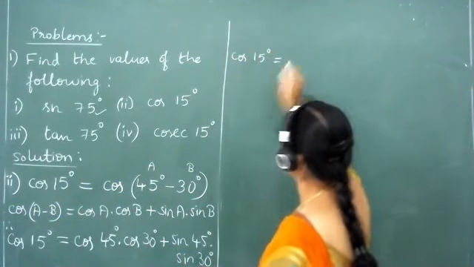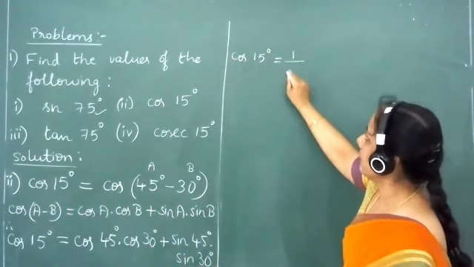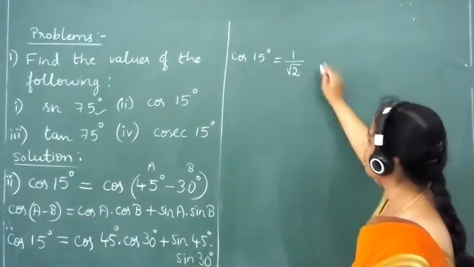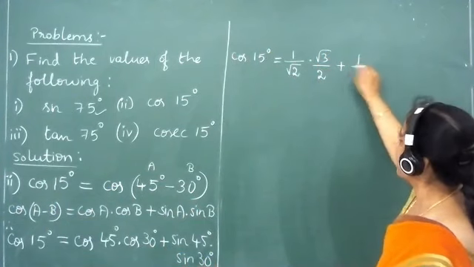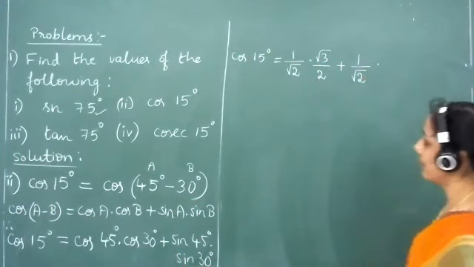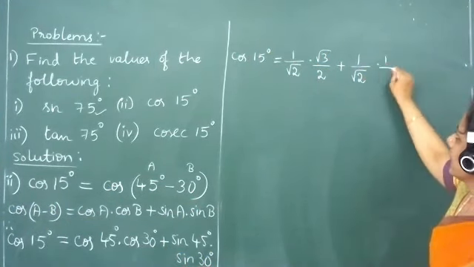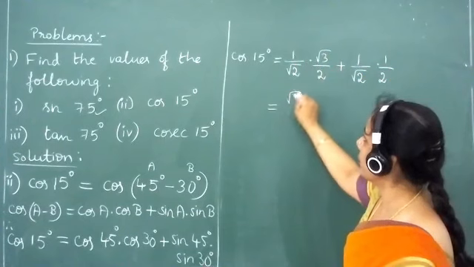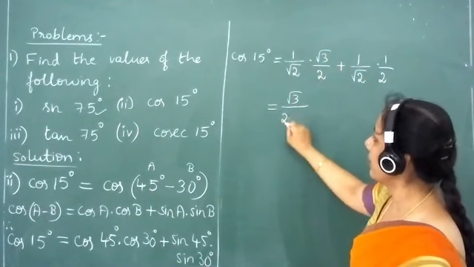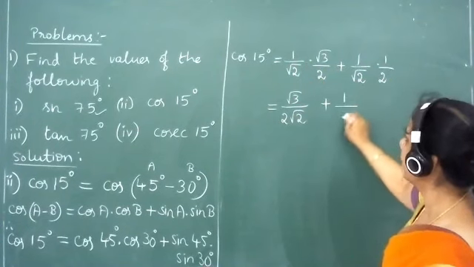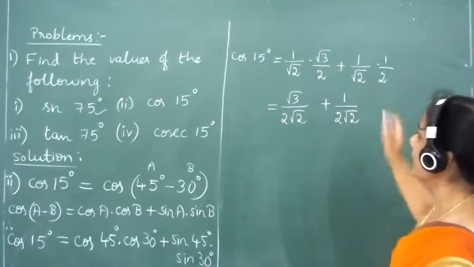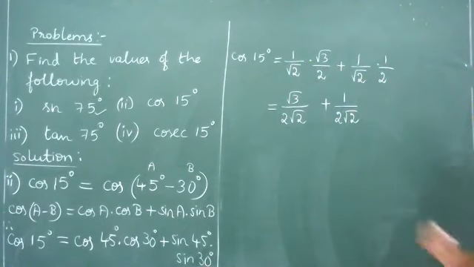Cos 15 degrees hence will be equal to cos 45 degrees, 1 by root 2, cos 30 degrees, root 3 divided by 2, plus sin 45 degrees, 1 by root 2, sin 30 degrees, which is going to be 1 by 2. Again, multiply the two numerators, multiply the two denominators, take the sum, repeat that for the second term in the RHS. So you get root 3 by 2 root 2 plus 1 divided by 2 root 2.